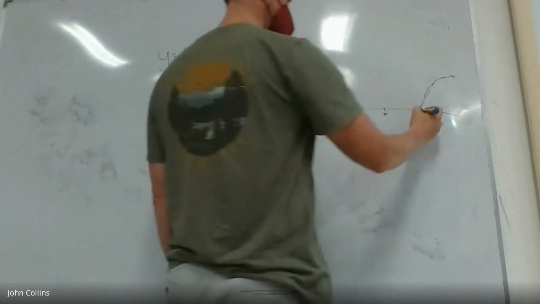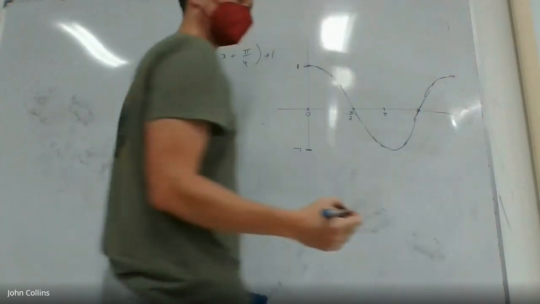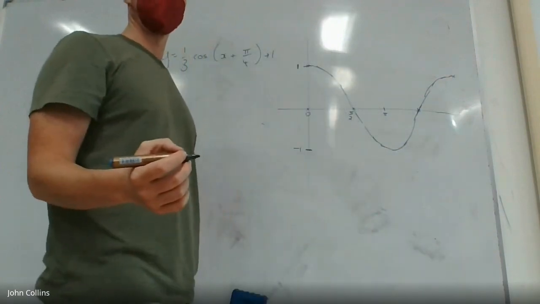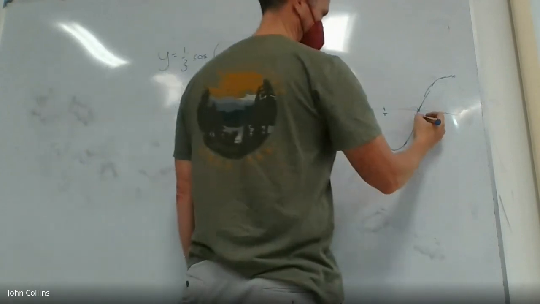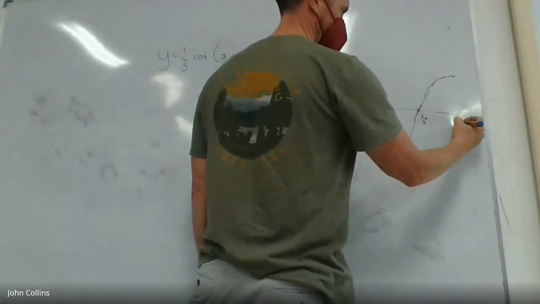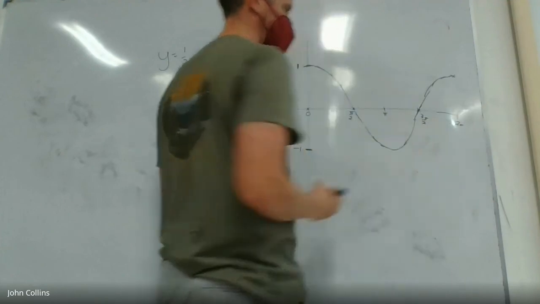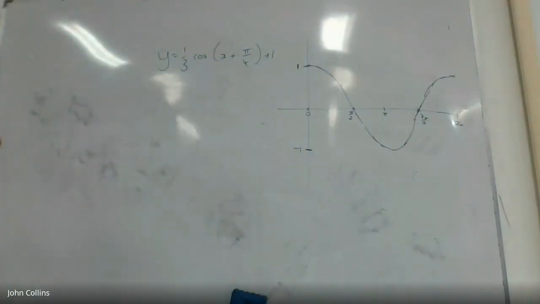And this one is at 3 pi/2. And then this is at 2 pi. That's in general what the cosine function looks like. Let's have a think about how this one moves. 1/3.